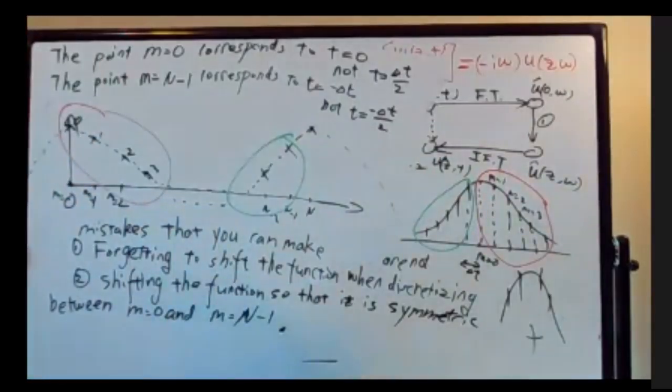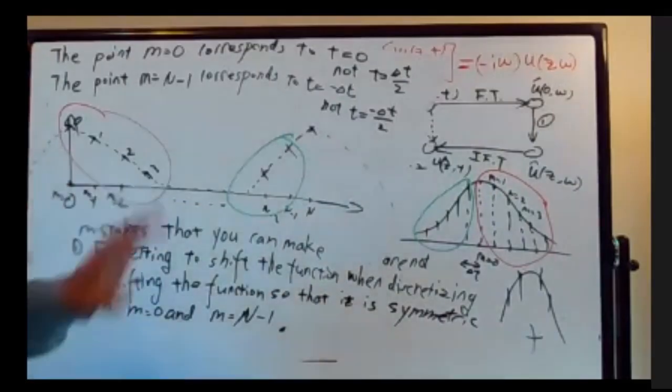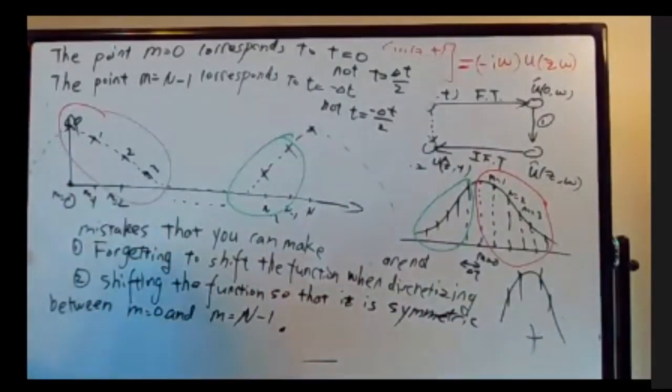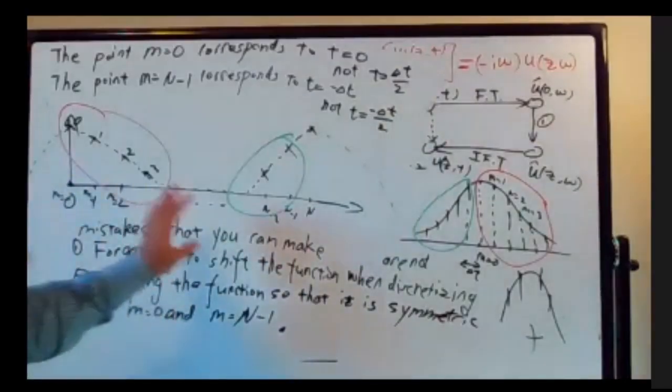Okay, questions? Okay, that's good. So we're going to have some explanation on the discretized Fourier transform. After that, we'll have an example on how we can analyze the pulse propagation.